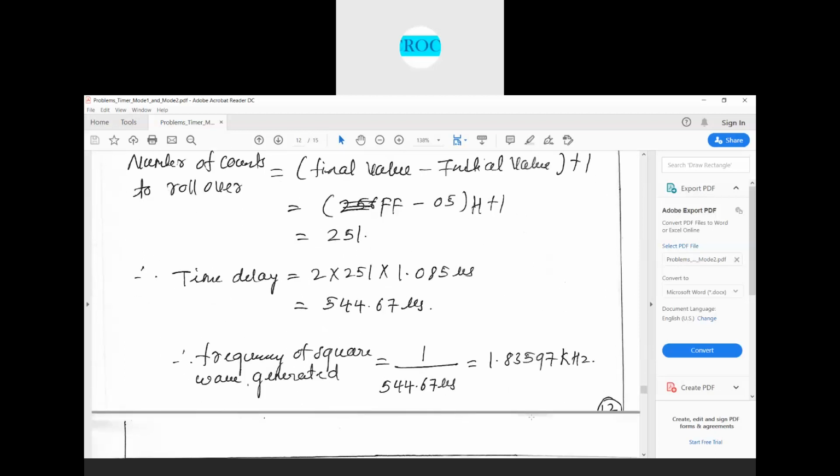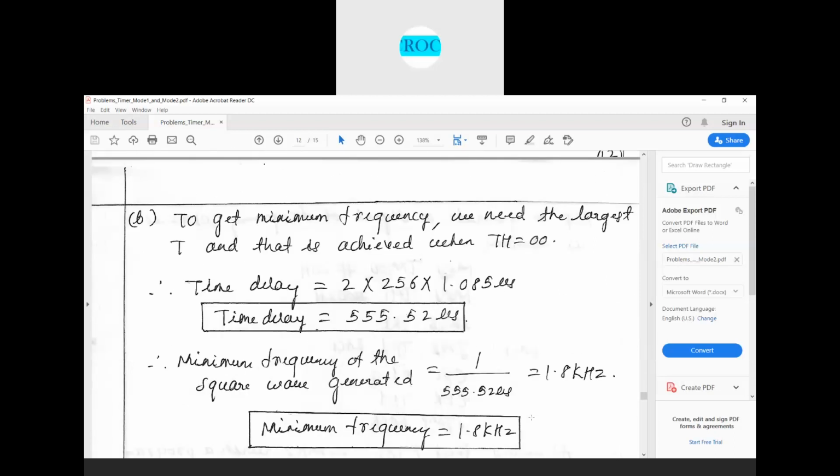To get the minimum frequency we need the largest time delay, and we get the largest time delay when I load the higher byte register, TH1, with 00H there, right? So what is the time delay now? Since TH is 0, final value minus initial value: the final value is 256, the initial value is now 00. So what is the number of counts we have?